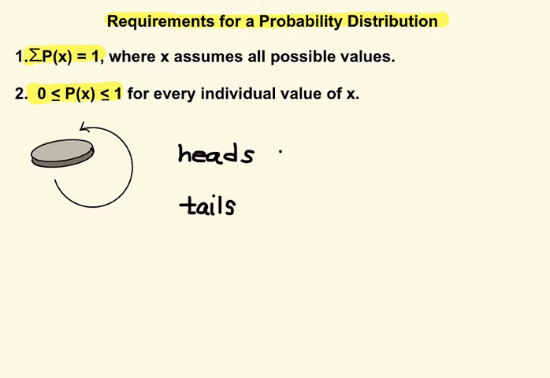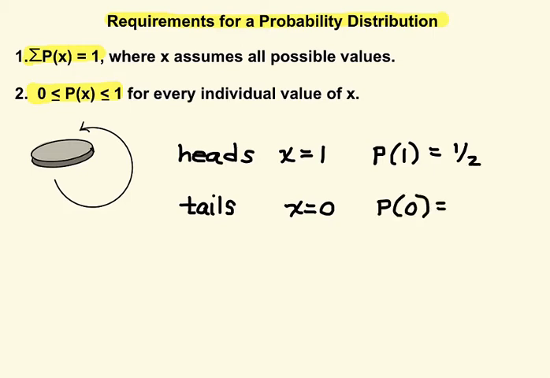And we've decided that when we get heads, we're going to assign our random variable a 1. And when we get tails, our random variable is assigned to 0. The probability of our random variable being 1 is 1/2, or 50%. The probability of our random variable being a 0 is also 1/2, 50%.